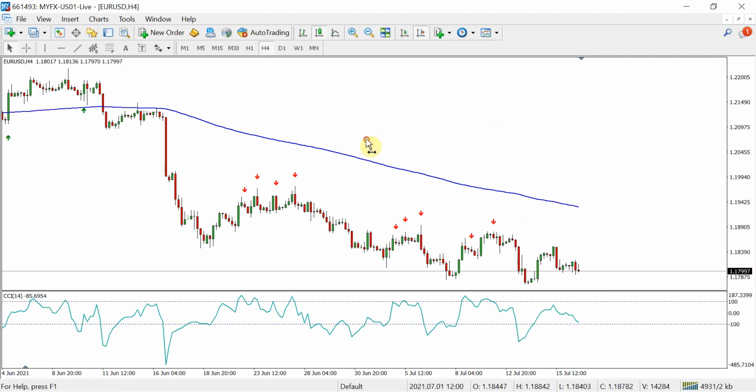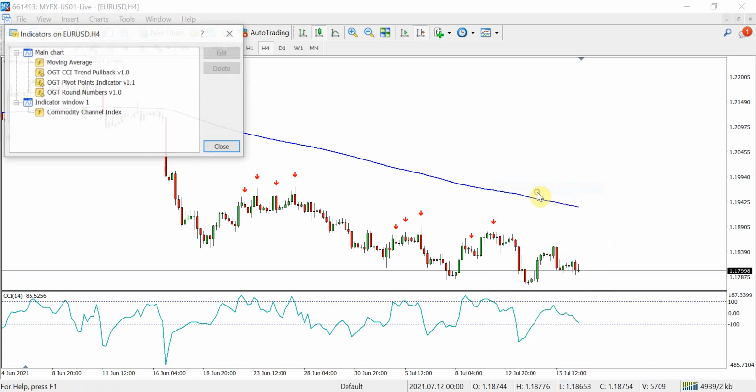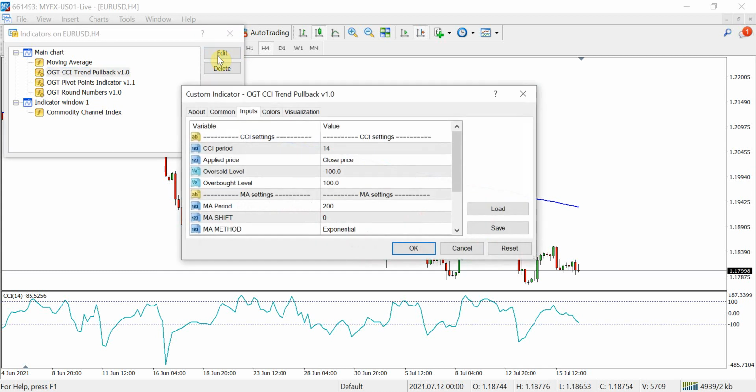So we have the EURUSD inside here, and we've got the 4-hour chart. If I go into the indicator settings and go to the CCI trend pullback, you will see that you can choose your own period. The standard default on MT4 is 14, applying to the close price.